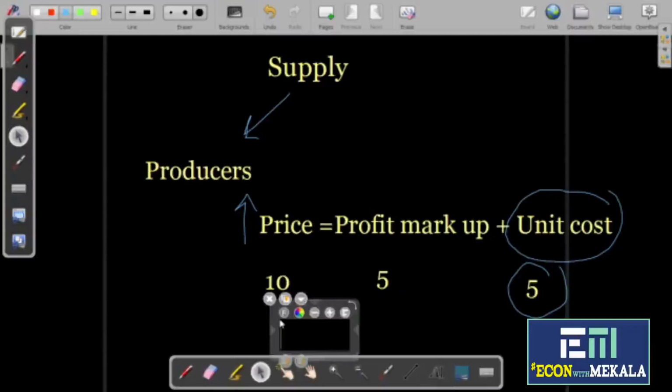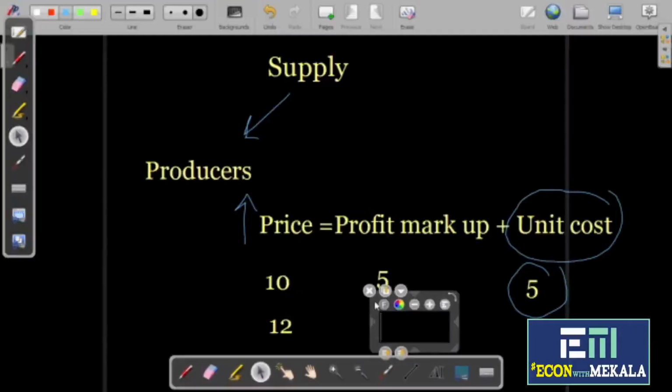So let's say they increase the price to 12. Now you can see the profit markup would go up to 7. So this is the simplest mechanism I can explain to you for why businesses increase prices. They increase prices to increase profitability.